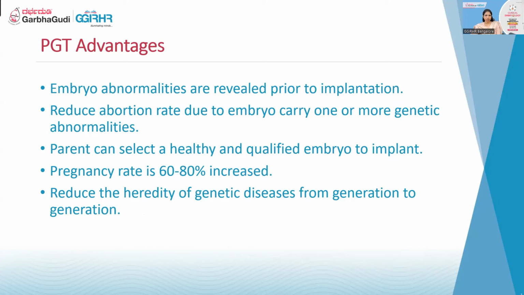So we can select the healthy embryo, so the risk of abnormality decreases, and pregnancy rates are also increased by 60 to 80%, because we are cutting down the abnormal embryos. So the risk of aneuploidies or any other miscarriages is very low, and hereditary or genetic diseases are reduced from generation to generation.